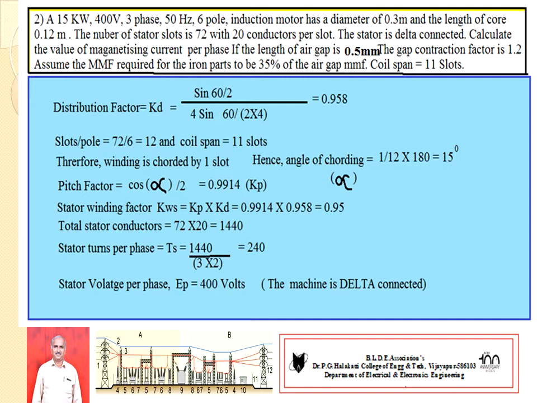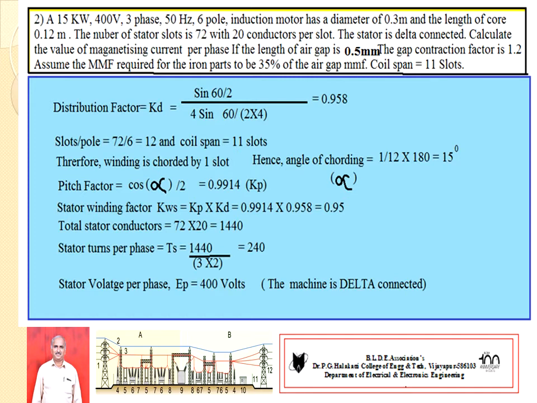One important relation: assume the MMF required for the iron parts to be 35% of air gap MMF. Okay, so already we know that total MMF equals 5 parts, that is air gap, stator teeth, stator core, rotor teeth, rotor core. So you write down all the details in symbolic manner. What are the given data?